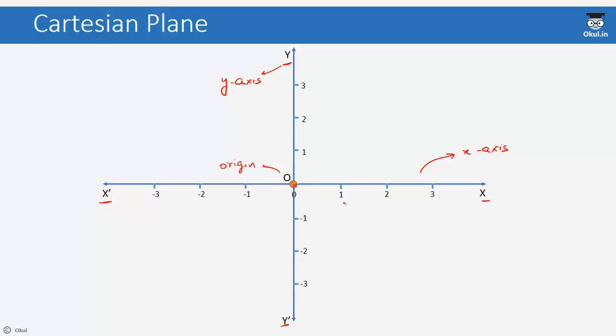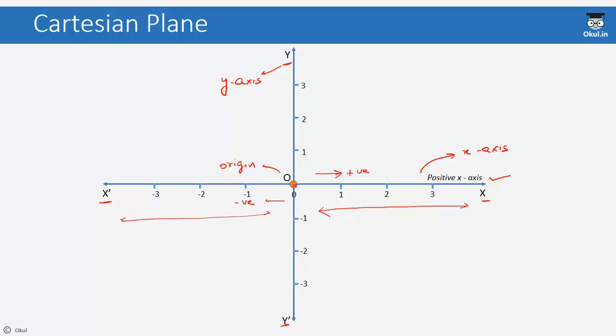Now, as you can see, the points on the x-axis on the right side of the origin are positive. So this is called the positive x-axis. And the points on the left side of the origin are negative.